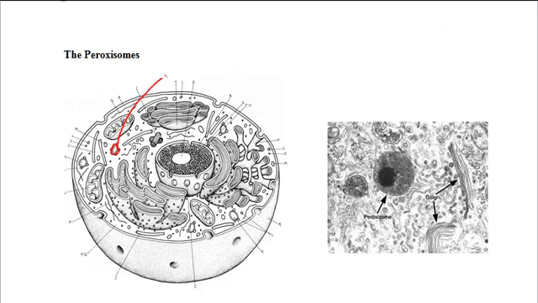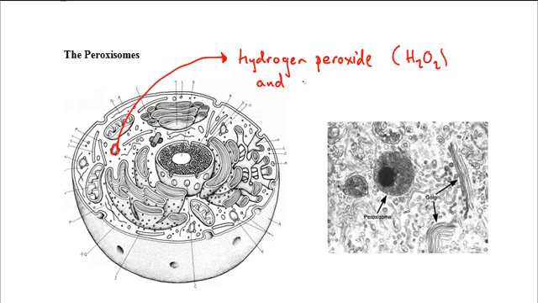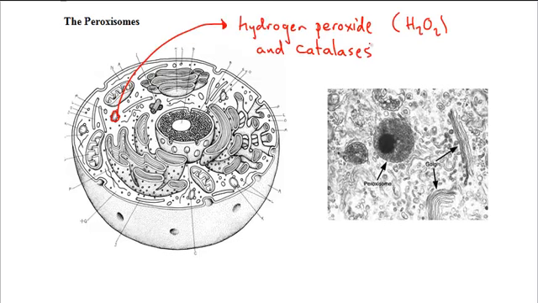And for you to understand that that is a peroxisome in a picture, we would have to tell you either that it contains hydrogen peroxide, that's where the name comes from, which has a chemical formula of H2O2, and enzymes called catalases. We're actually going to play with catalases at the end of the year when we do our experimental design unit. It's ideal for studying how enzymes function. Okay?